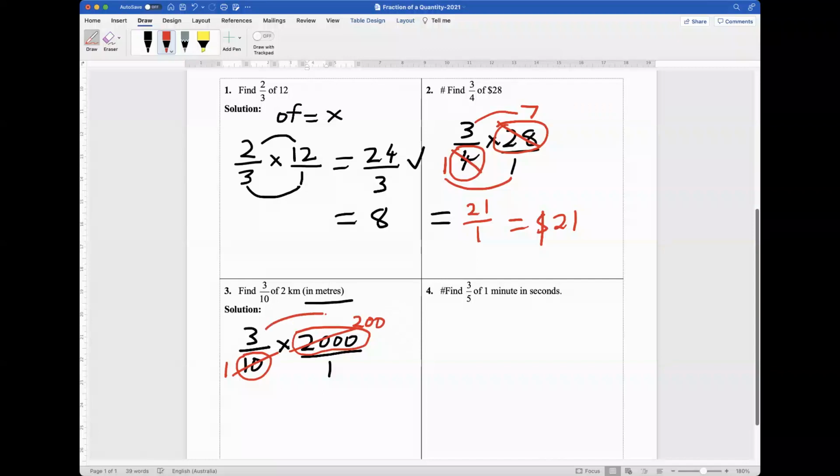So 3 times 200 is 600, and 1 times 1 is 1. 600 divided by 1 is 600, and that is in meters, so you need to put meters there for your answer. Next question, do by yourself. Pause the video and have a go at this one: 3/5 of 1 minute in seconds.